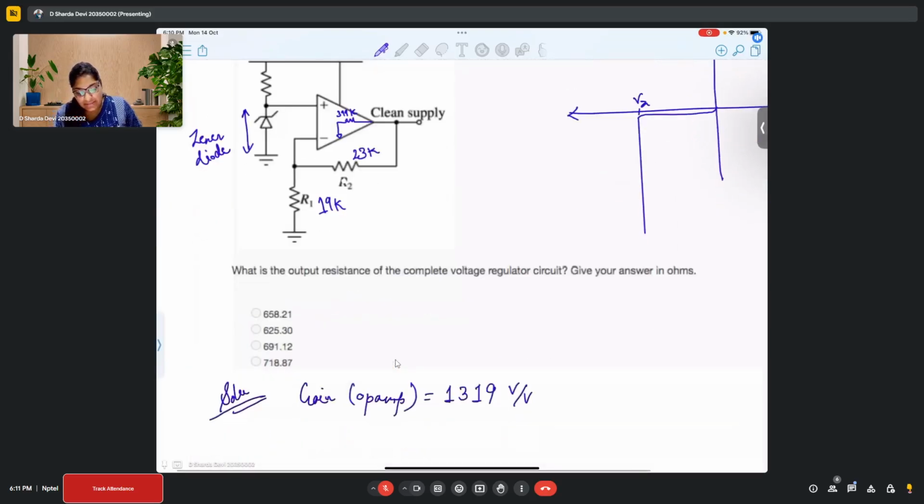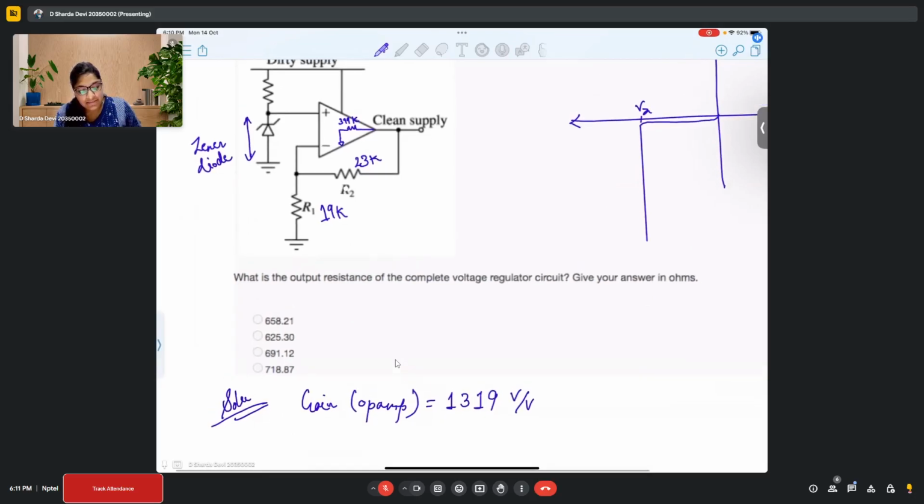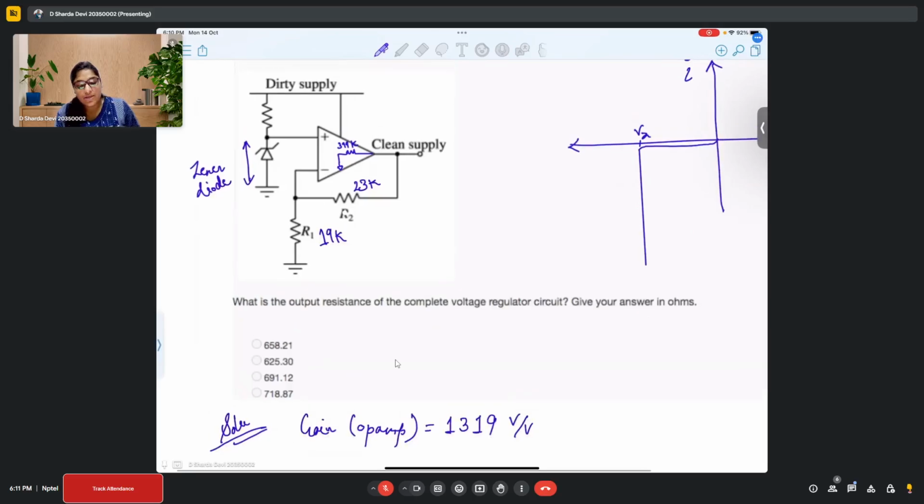So the question arises: what is the output resistance of the complete voltage regulator circuit, in ohms? By output resistance, we mean the equivalent Z out, which is what we want to calculate.